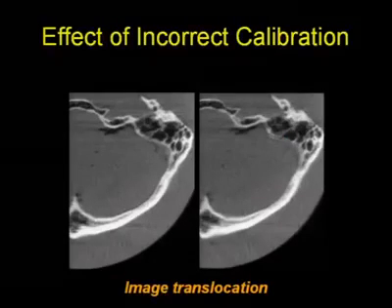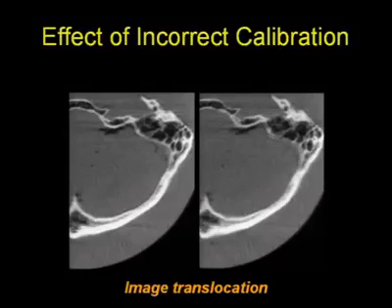But the one thing that is clearly not evident from these images, but testing will show you that it is a problem, is that the image is translocated. I gave you the answer right off the bat. No one got it, so this is a very subtle issue. It's not clearly obvious at the beginning, but the image on the right is translocated with respect to the reference data set because, again, of a faulty calibration.